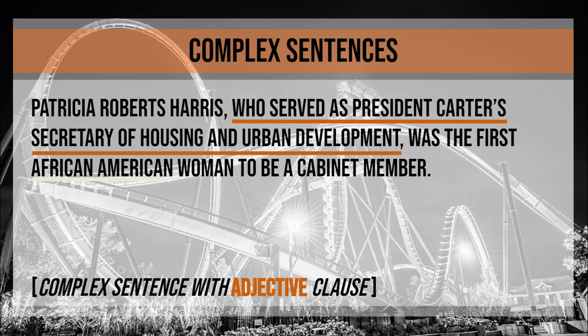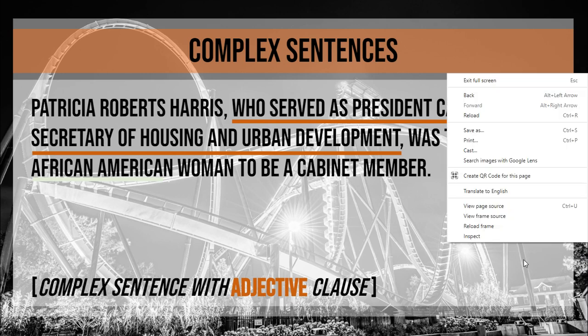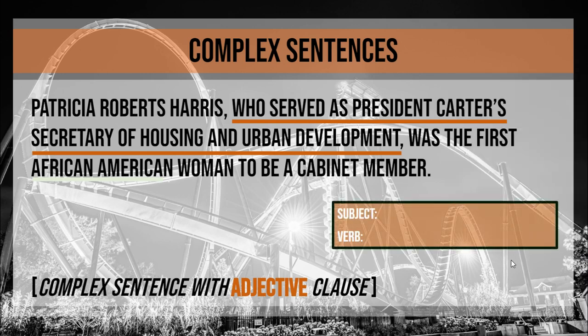We would describe what you see here on the screen then as a complex sentence with an adjective clause. To take it one step further, you might be asked, well, what's the subject and what's the verb? You will never find the subject of a sentence in the dependent clause. The part that doesn't make sense by itself. So look at what is not underlined.